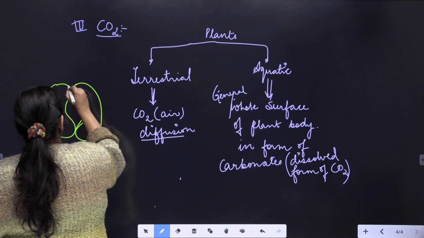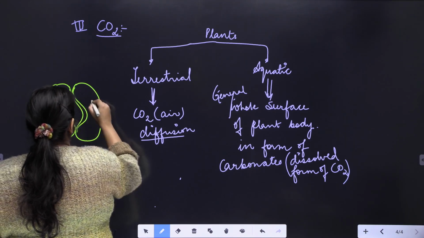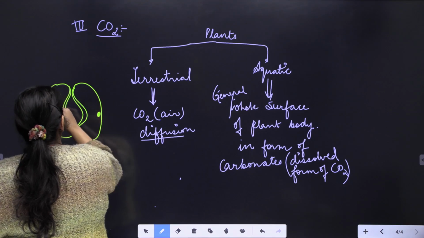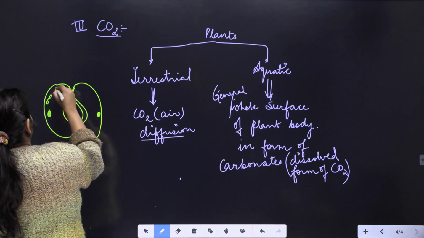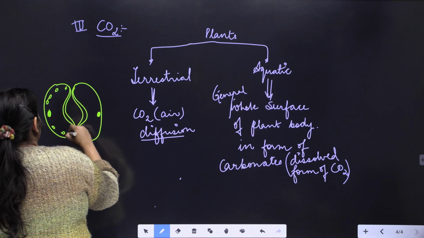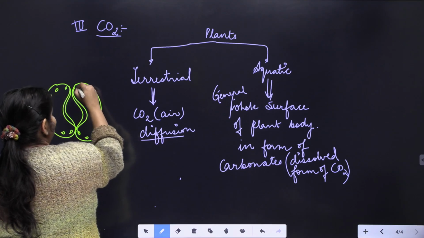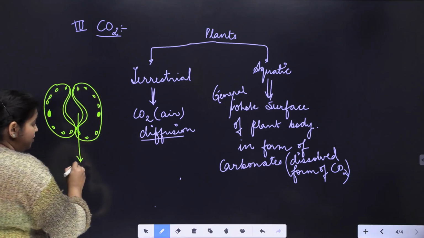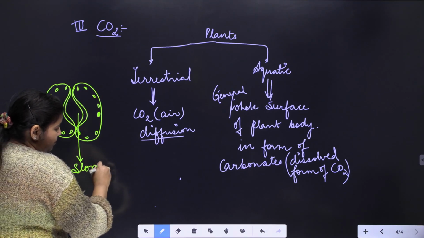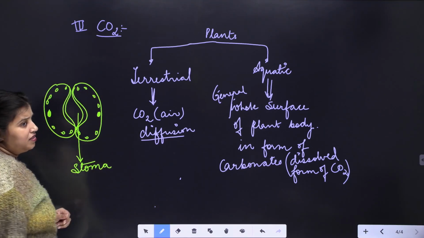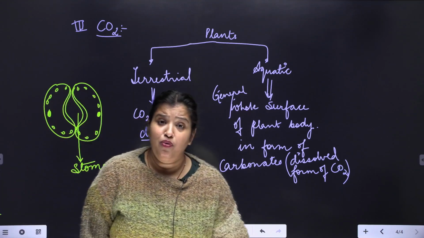So this is the open stomata which has a nucleus and a number of chloroplasts. The stomata is surrounded by the cells. Stomata is itself this pore. Stoma is the singular form, and stomata the plural.